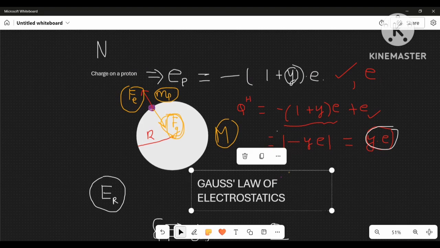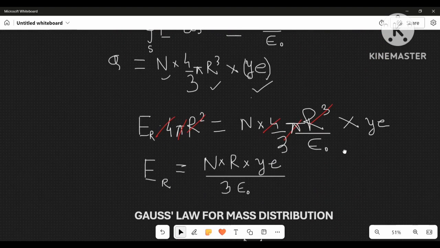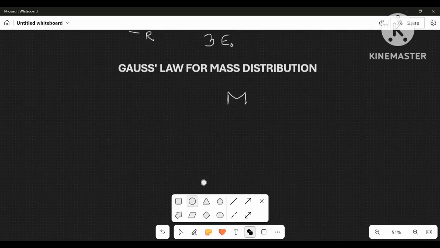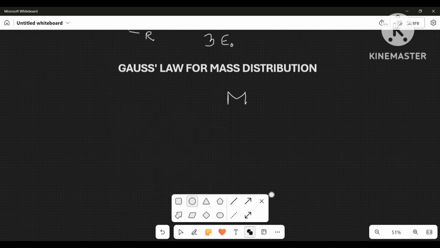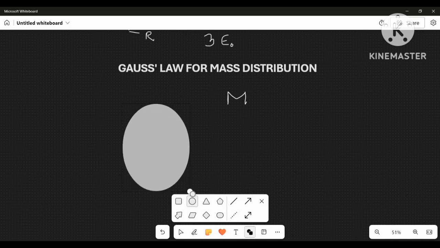Here in electrostatics, we are dealing with some sort of electric field, and we are performing a surface integral over these two vectors: we have taken an elementary area of the Gaussian surface, a differential area over the Gaussian surface, and then there is some net charge enclosed by that surface, some constant appearing in the denominator.